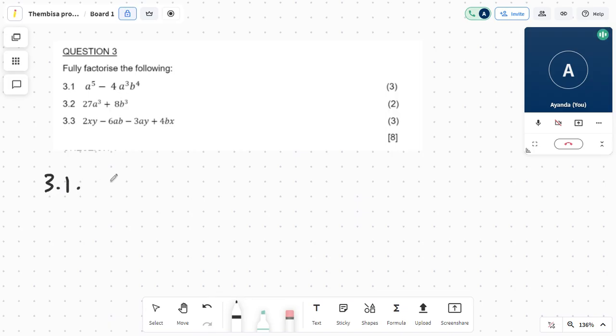So we'd take out a common factor of a to the power of 3, and that would be multiplied by a plus 2b times a minus 2b. Straightforward one there.